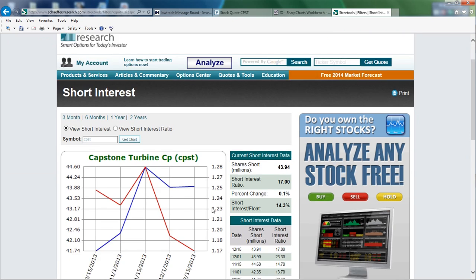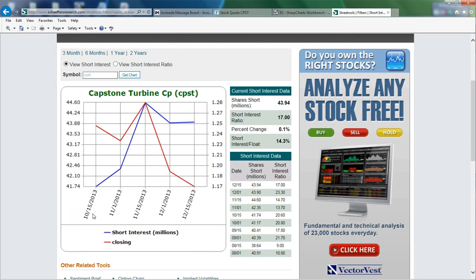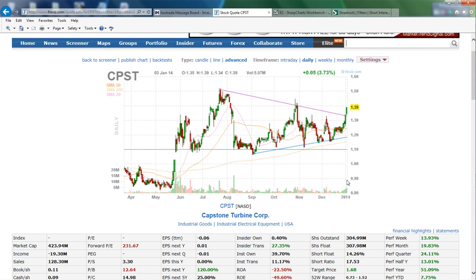There she comes. Okay. October, they started shorting when the price went up. When the price came down, the shorts held. Present short interest as of the 15th of December was 15%. FinViz said the same short interest.